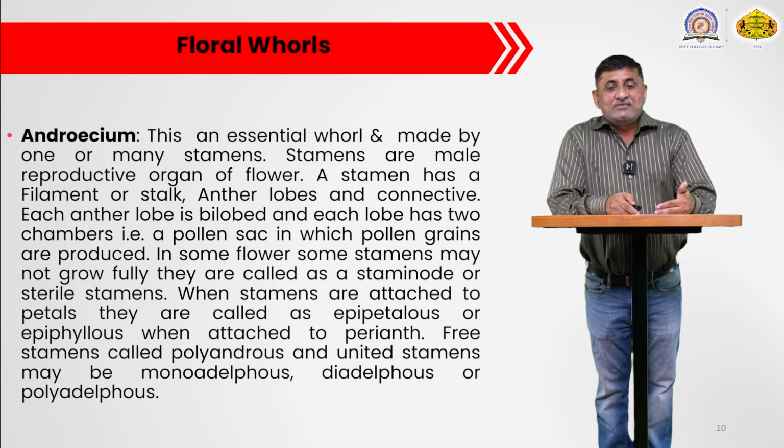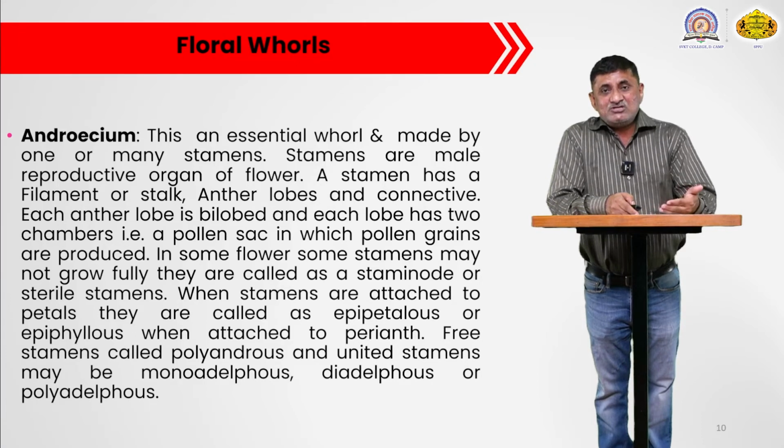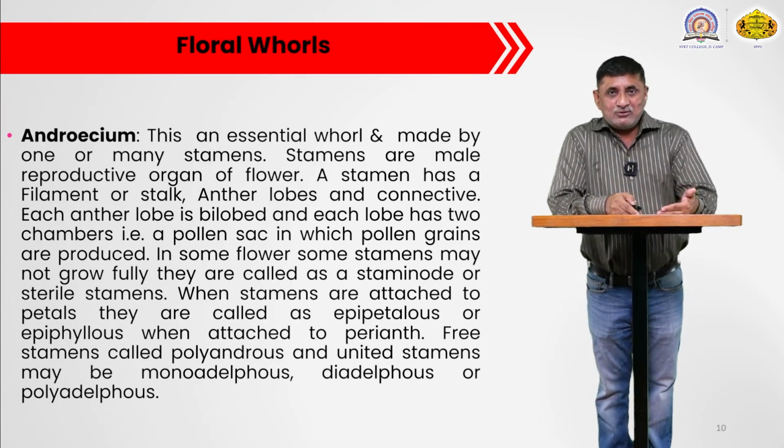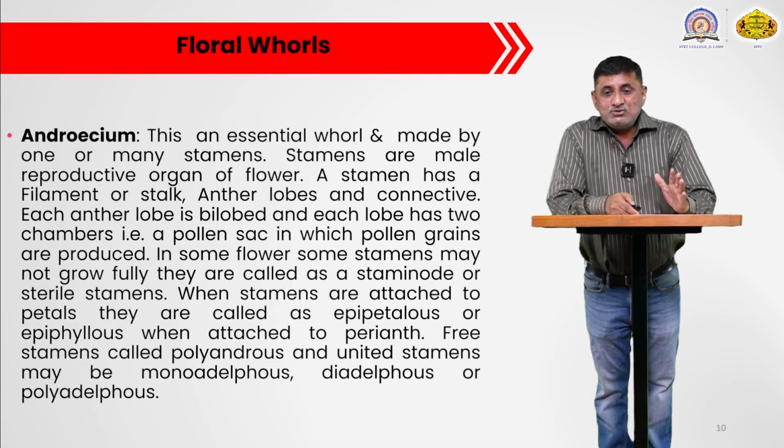In some flowers, in place of a corolla, a perianth is present, and when the stamens remain attached to the perianth lobes or tepals, such stamens are called epiphyllous stamens.